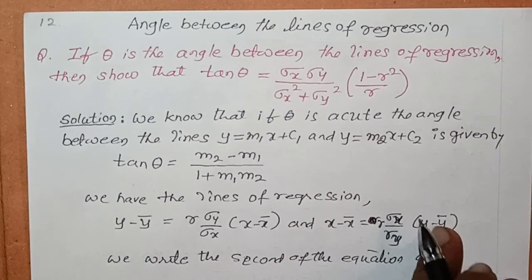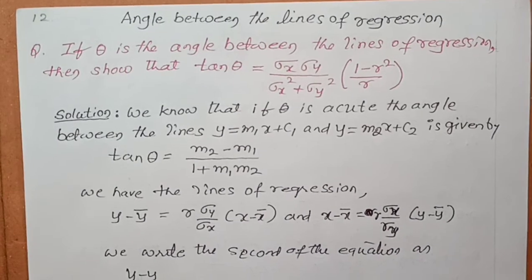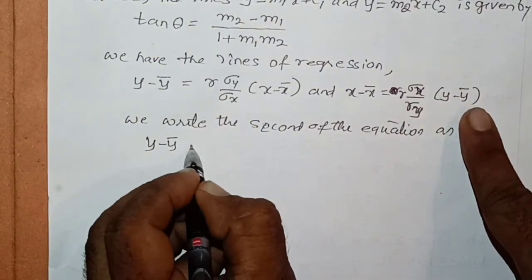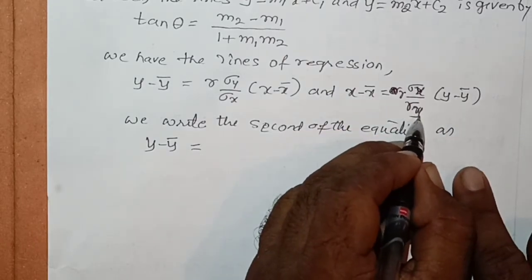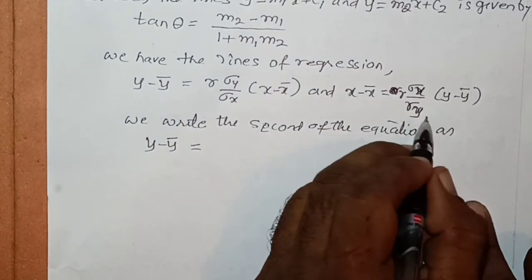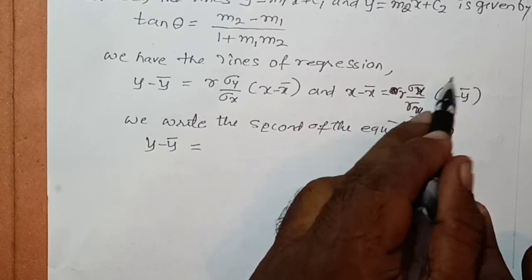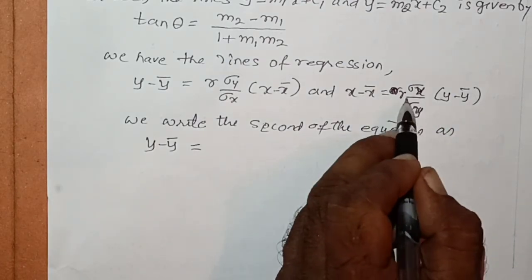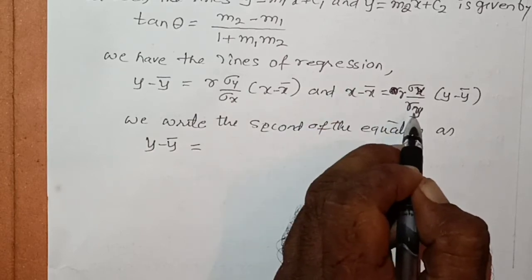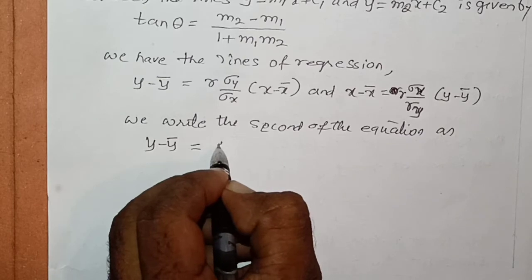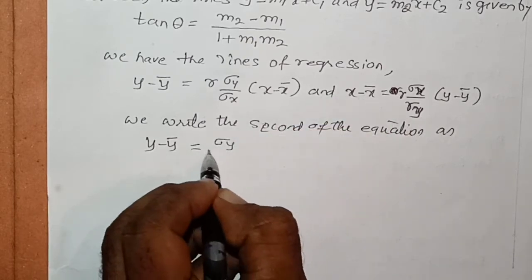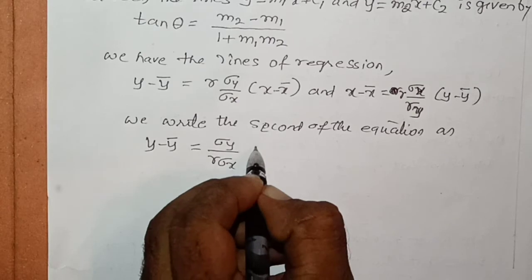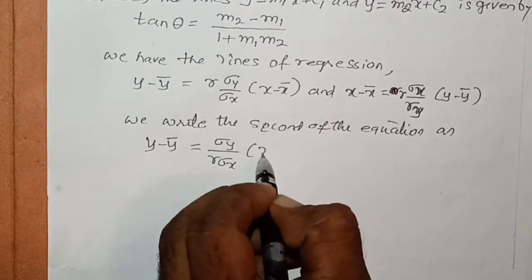y minus y bar is equal to, by cross multiplication, keeping y minus y bar on one side and x minus x bar as it is, sigma y, that is standard deviation of y, divided by r into standard deviation of x, into x minus x bar.